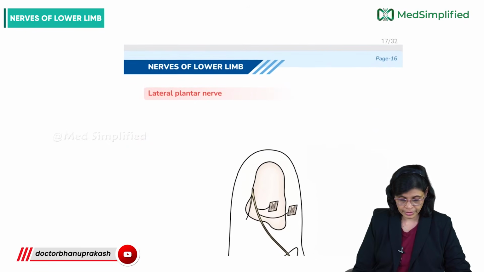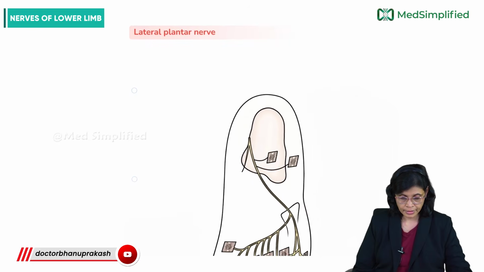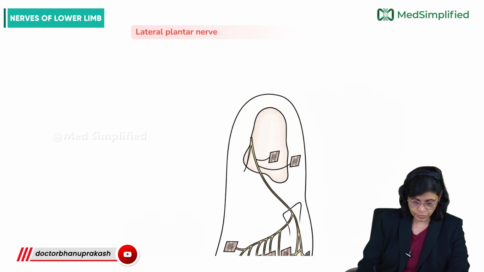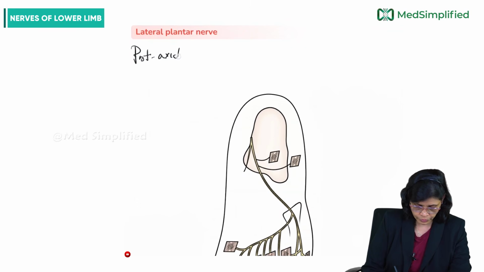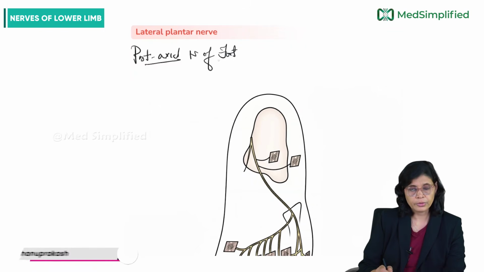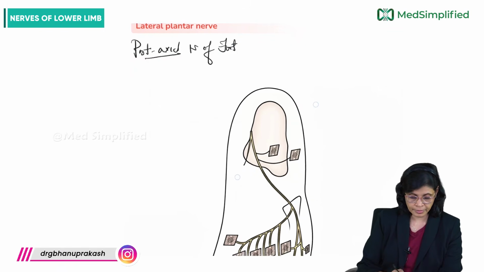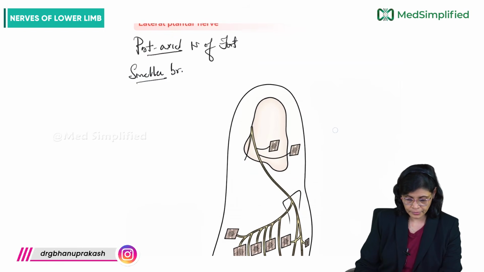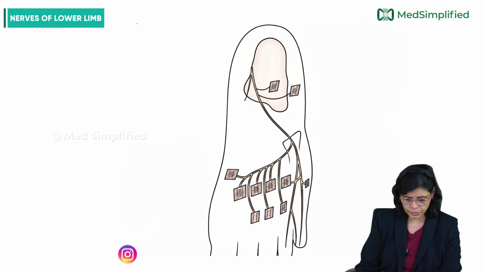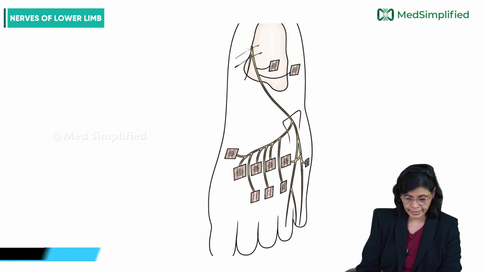Next we move on to the lateral plantar nerve. The lateral plantar nerve is the postaxial nerve of the foot. It is the smaller terminal branch of the tibial nerve, and it also begins deep to the flexor retinaculum.